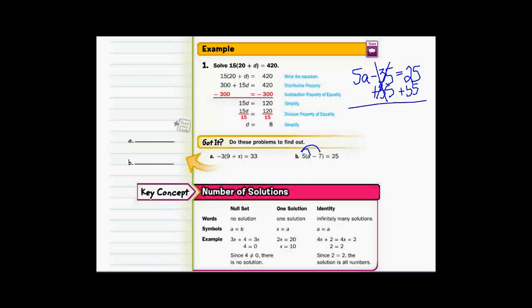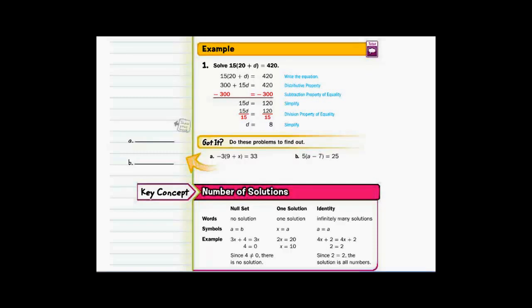So that is gone, so I've got 5A equals, that's a 35, so that would be a 60. So divide by 5, divide by 5. A is equal to 12. All right, so really no different, just one extra step, and then it looks like what we have done previously.